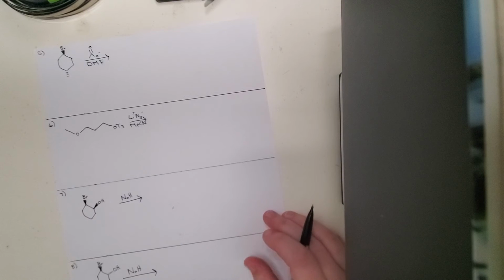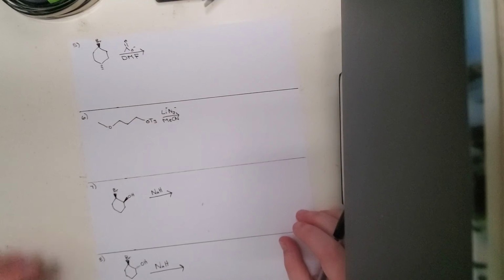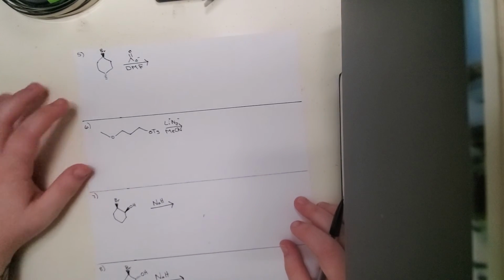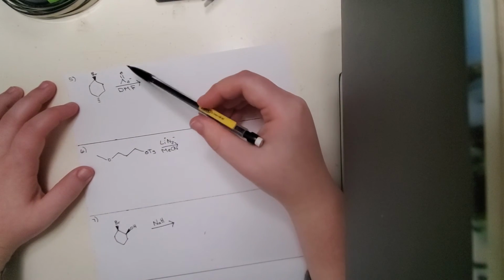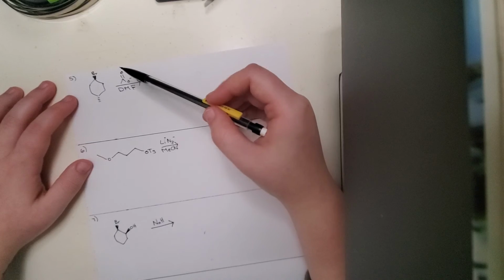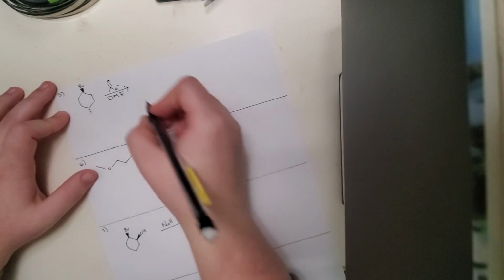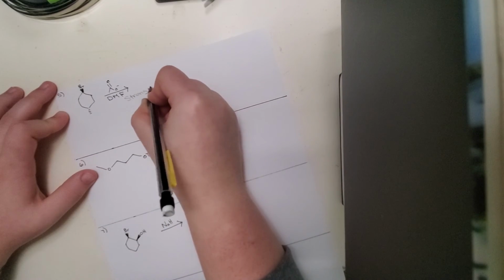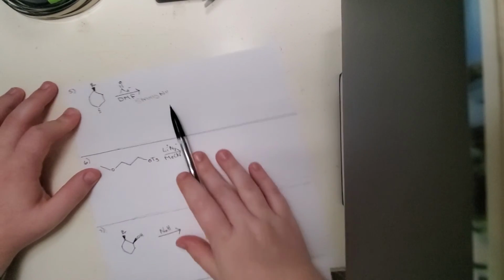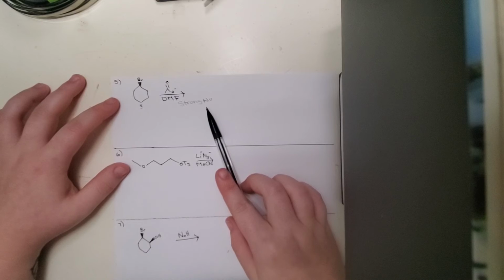Alright, just 4 more examples for you. Alright, so this is acetate, and it's a strong nucleophile. Nu is another way to show nucleophile.